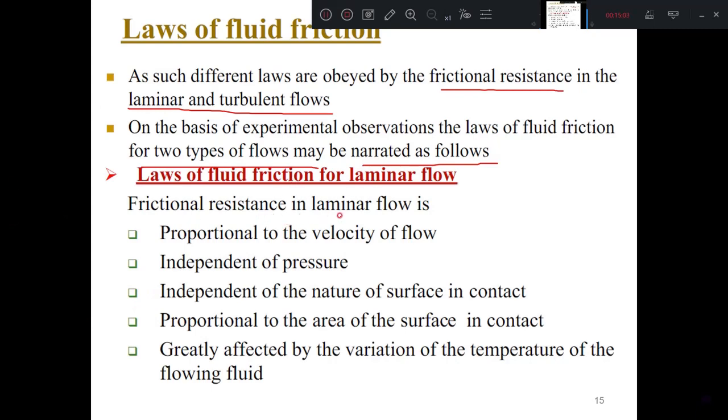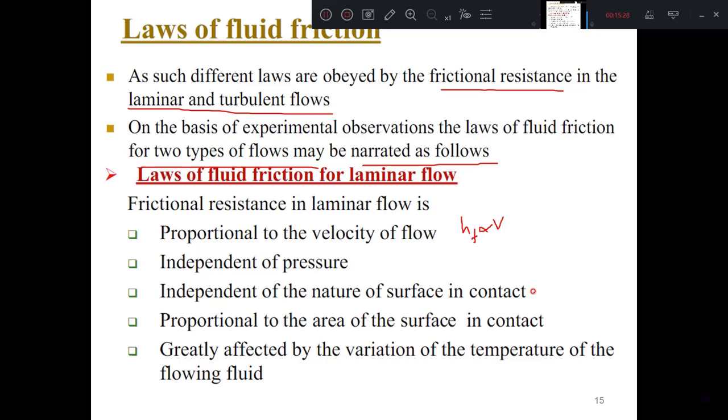Frictional resistance in a laminar flow is proportional to the velocity of flow, and independent of pressure. It does not depend on the pressure at all, and it is independent of the nature of the surface in contact also.